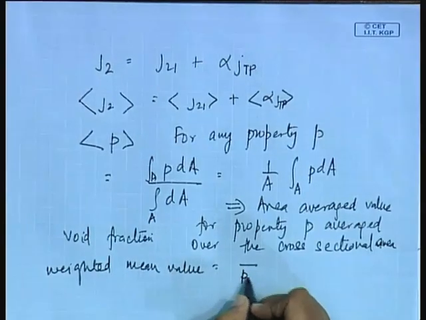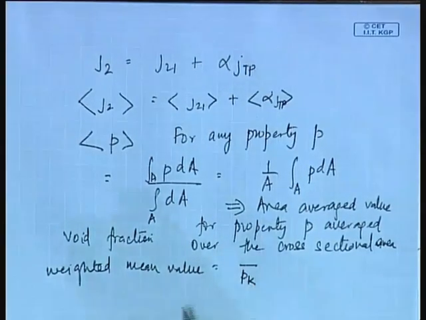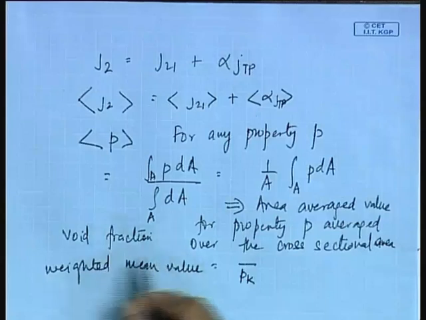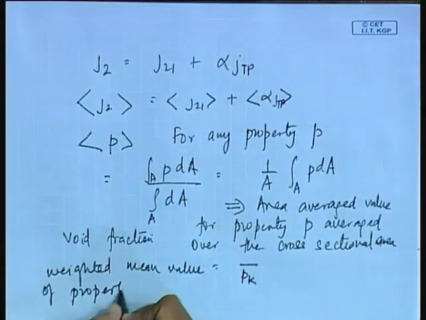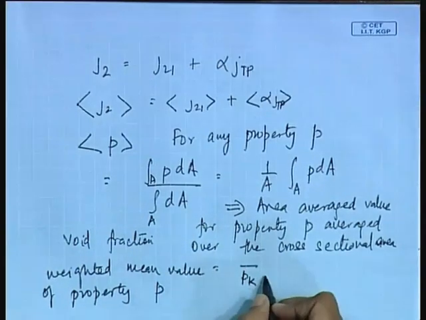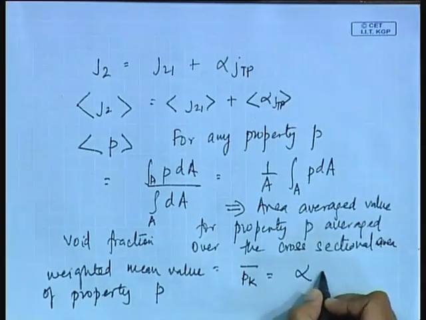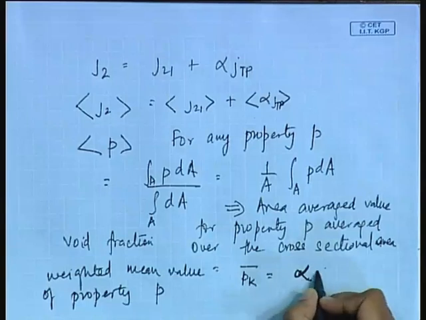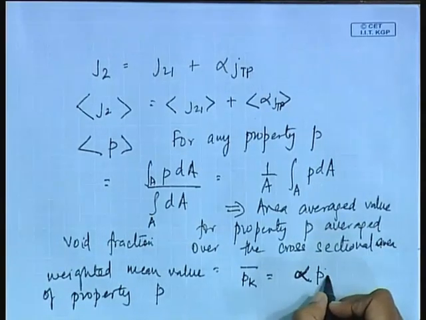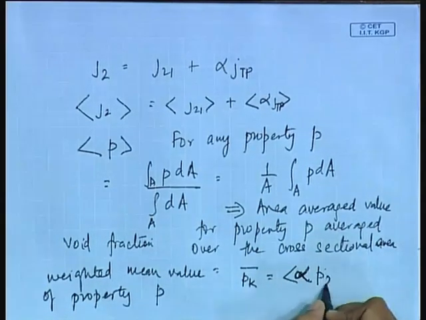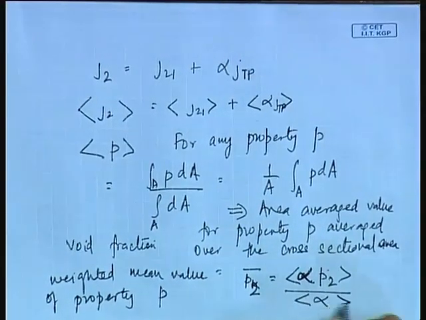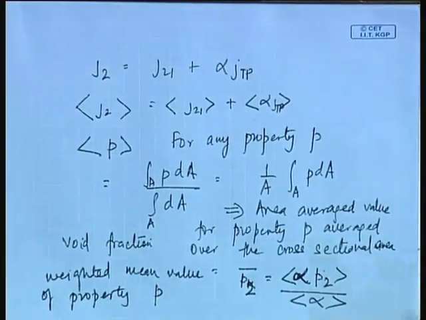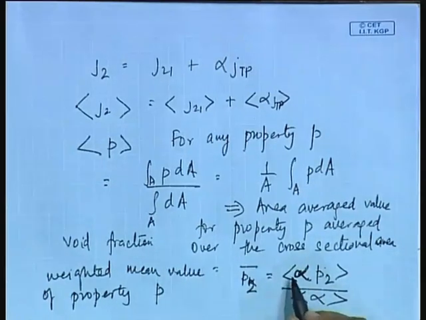For any particular property P of phase k, the void fraction weighted mean value, this is P_k bar, is nothing but alpha P2 by alpha if it is P2, and if it is P1 then it is (1 minus alpha) P1 by (1 minus alpha).